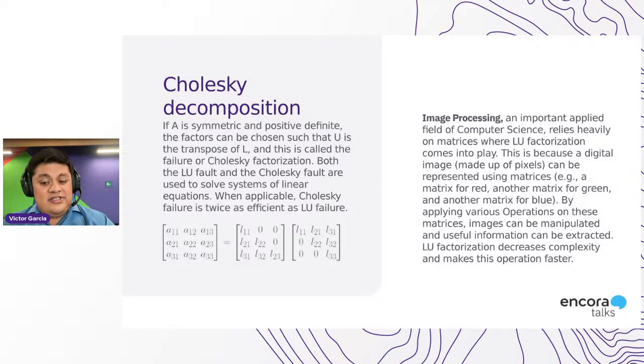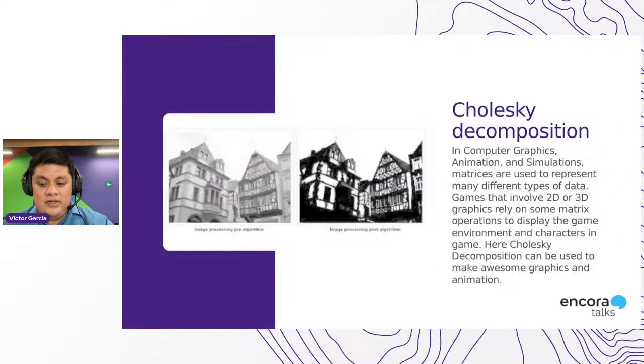As the original matrix has those properties, the most natural way of applying Cholesky is in image processing: computer graphics, animation, computer vision, and other image operation algorithms. We use Cholesky very deeply.